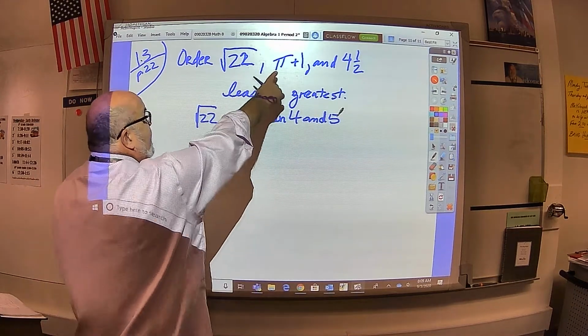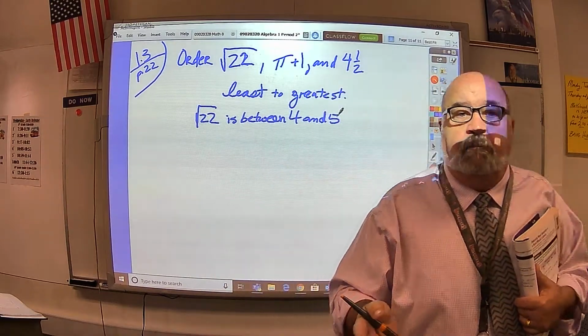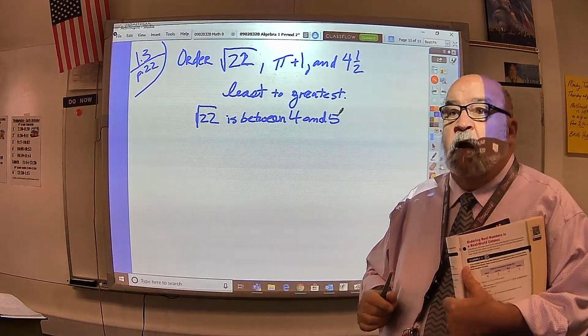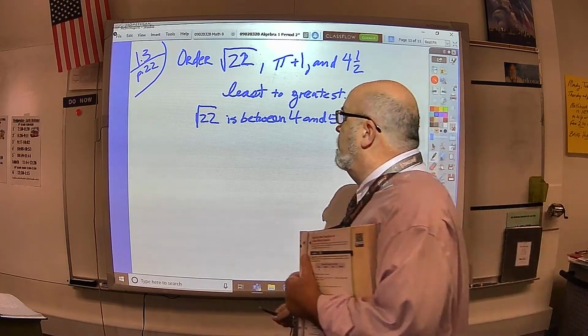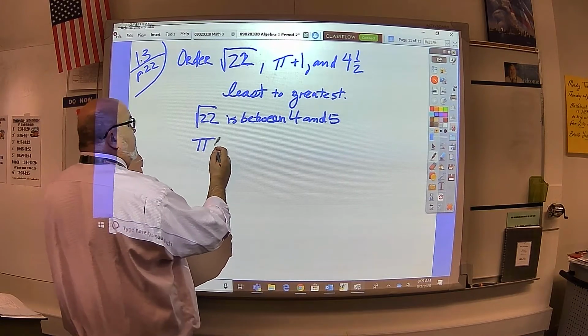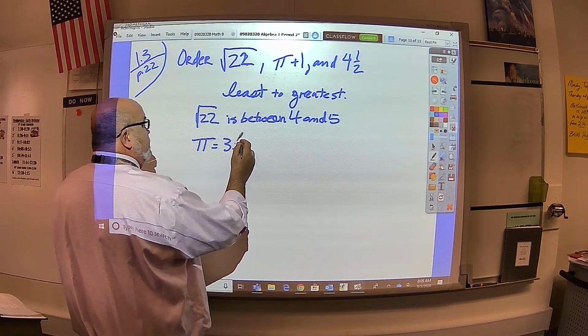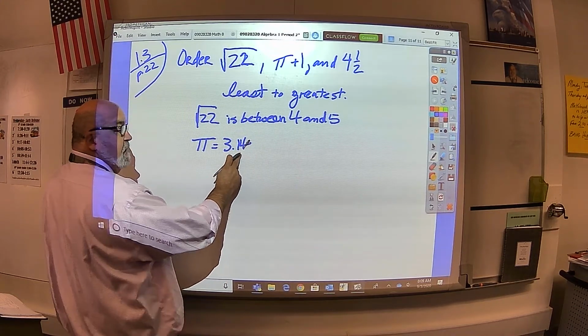Now we're going to look at this value, which is pi plus 1. Some of you are going to look at pi and say, that's 3.14, because you did that in 7th grade. Let's say pi equals 3.14, and that's not exactly true, because that number goes on forever and ever.